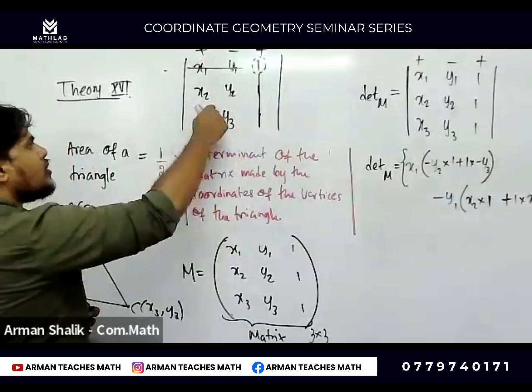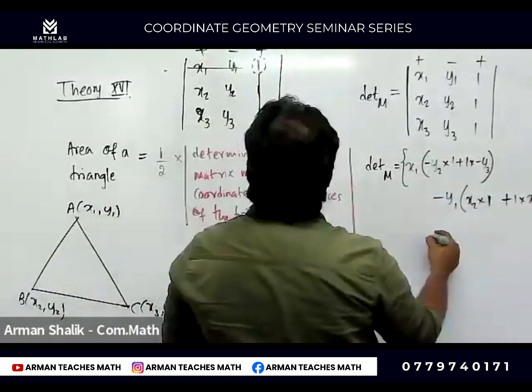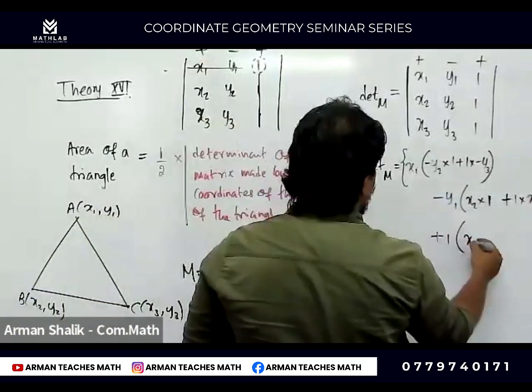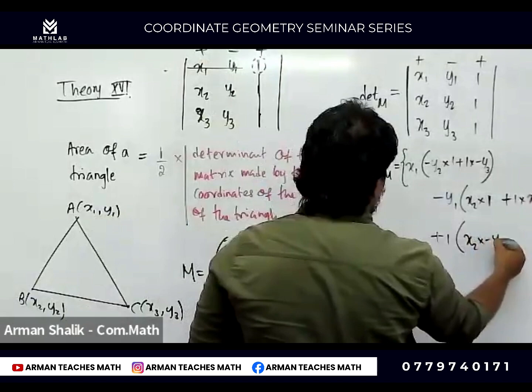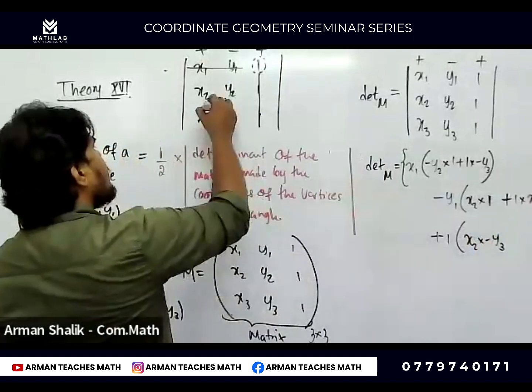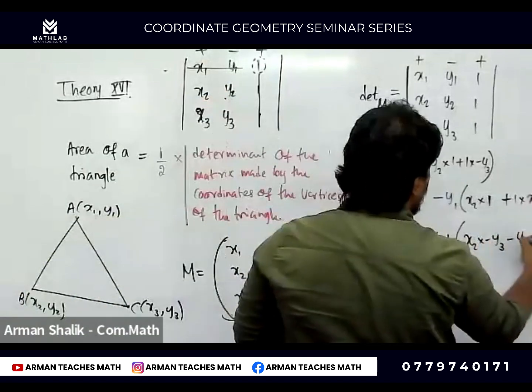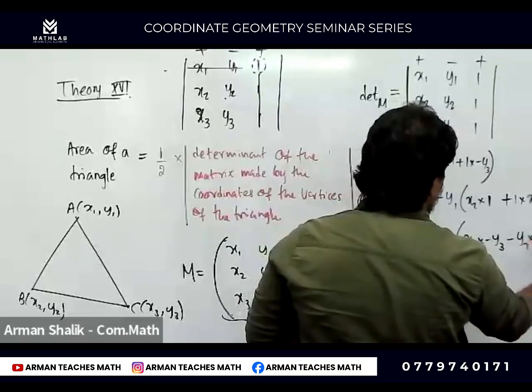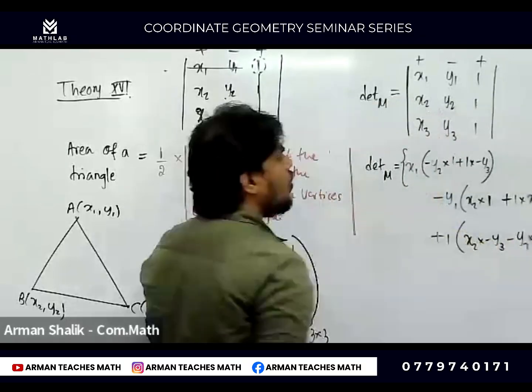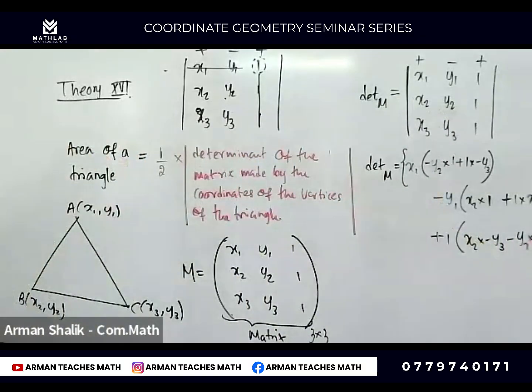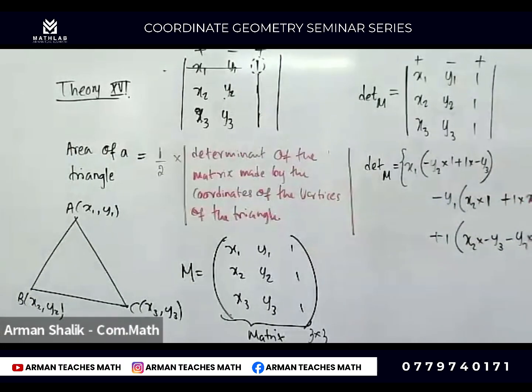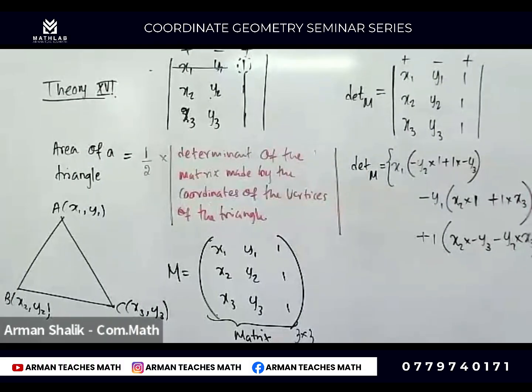Then plus 1 times plus x2 minus y3 here, then minus y2 plus x3. That's how we calculate the det. Okay, that's how we calculate the det. Det means the determinant.